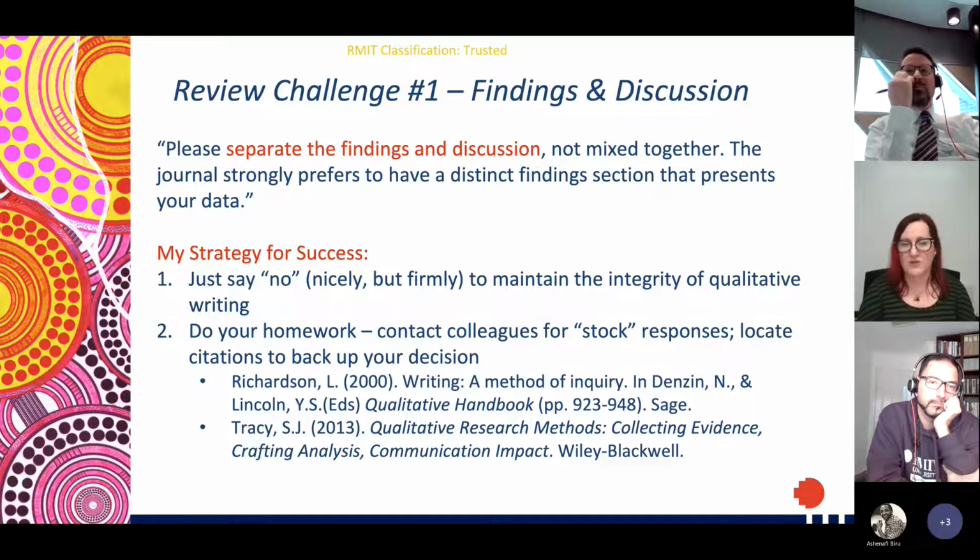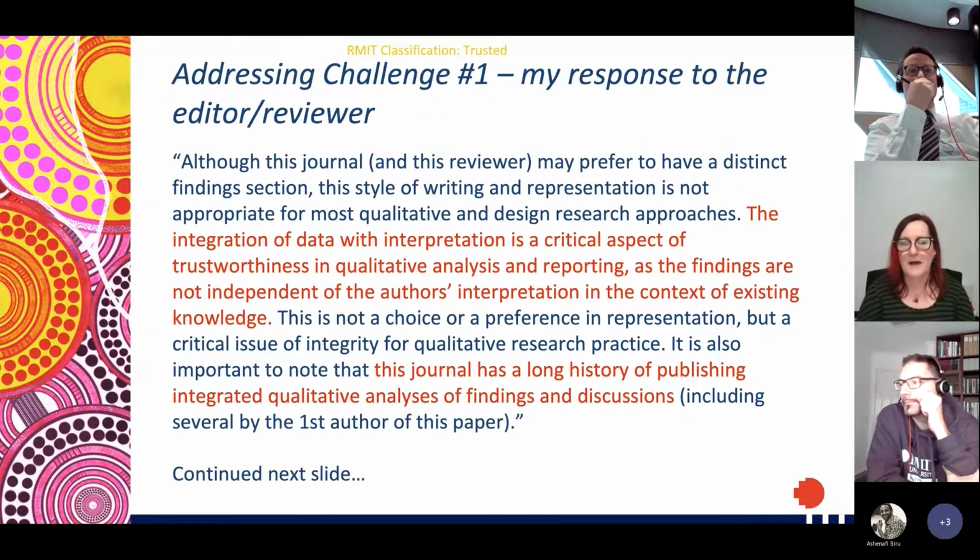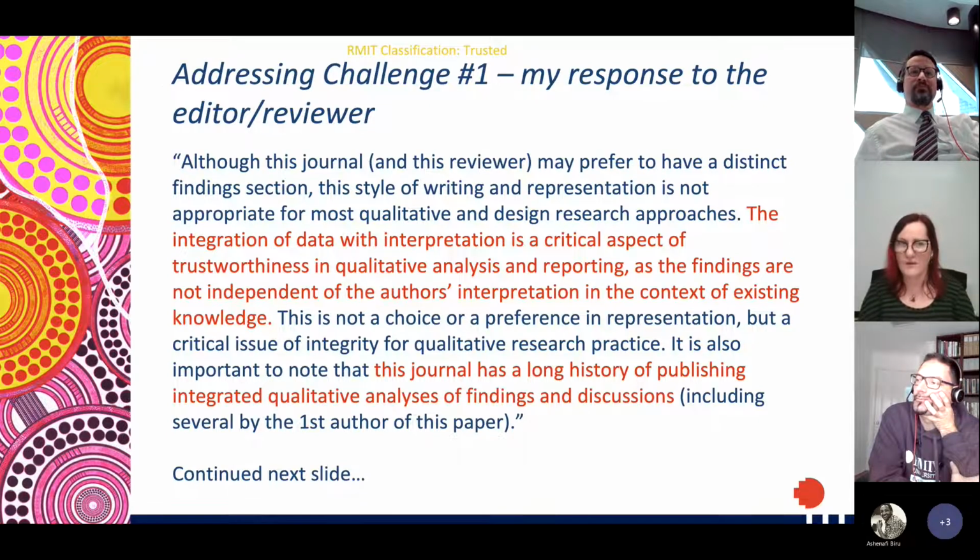So I always do push back. These are a couple of references if you're looking for some things to point to give you some justification. Which is always a little bit of evidence, always helps. So when I push back on this one, here's what I said to the editor. When we do a response table, often people don't quite know what to say, and you have to do it obviously very carefully.